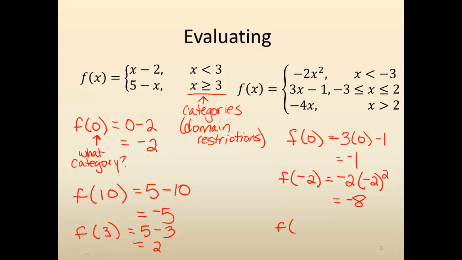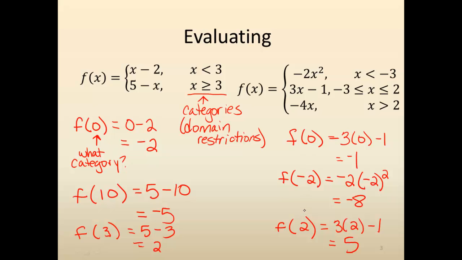If I have something like f of positive 2, again, I need to decide which category it fits into. It will only be used in one. So 2 fits into the middle category, so I'm going to do 3 times 2 minus 1, and that's 5.